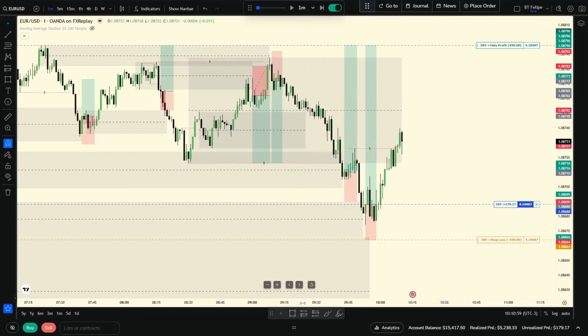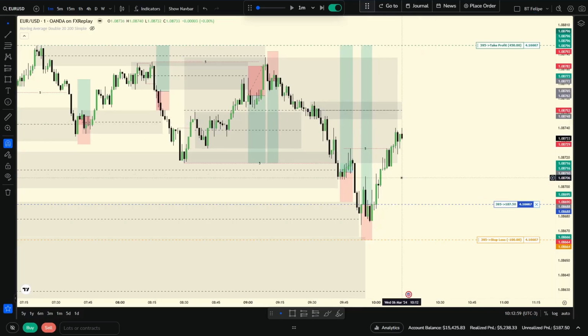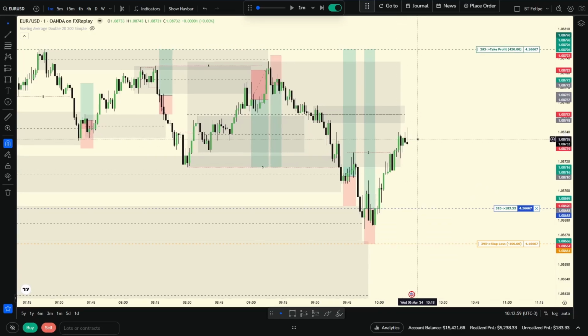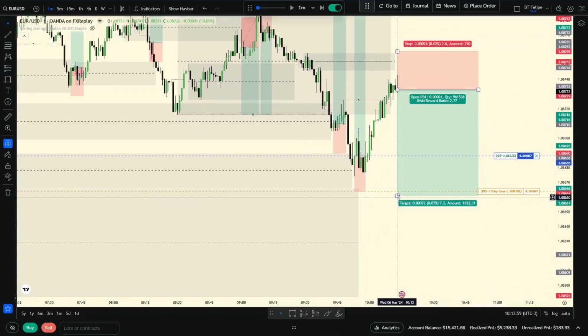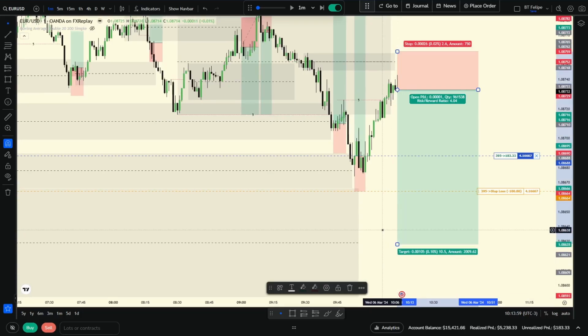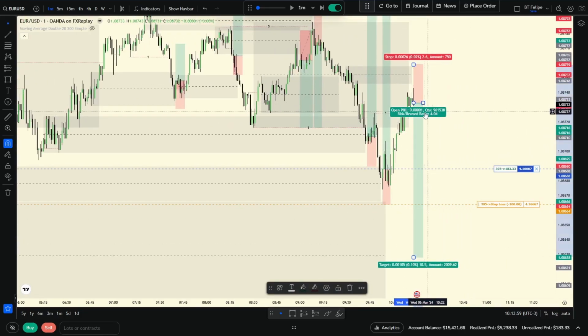Maybe I can use this since it aligns with the 50%. 3 minutes into the news, I won't be able to execute. Maybe now. Something like this. Even though it didn't tap the POI.